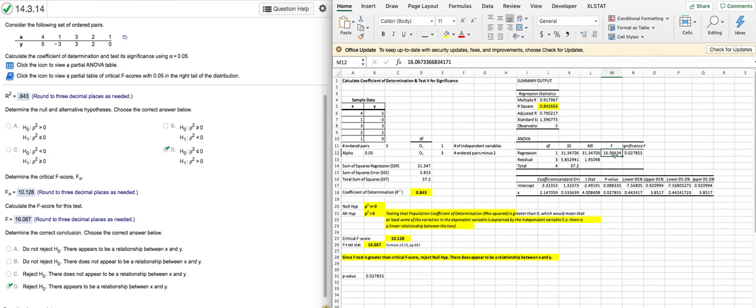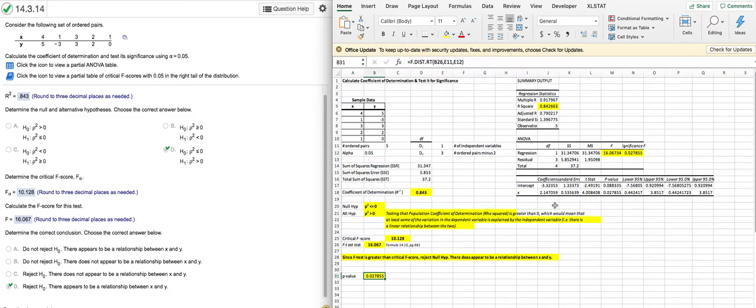This is our F test statistic here, which tells us that the overall model is significant. You can see that with a p-value of 0.027, which is what we calculated down here as well.